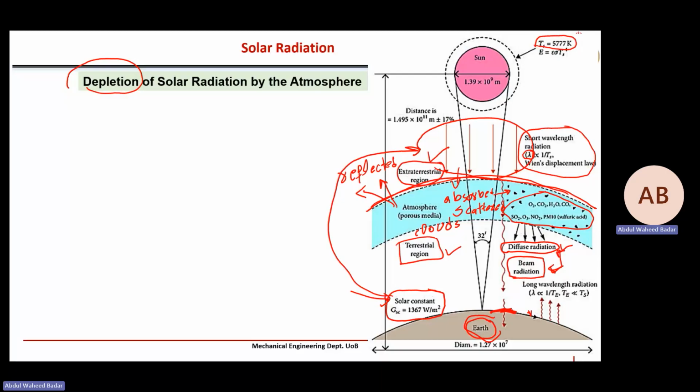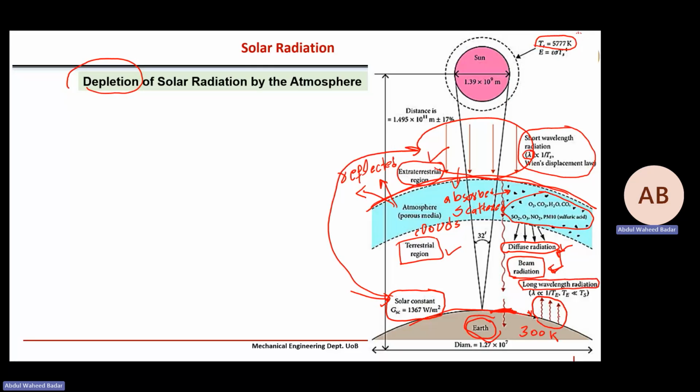So the radiation which is finally absorbed by the surface of the earth, then earth will also start to emit radiation. But the earth's average temperature is around 300 Kelvin. That's why the radiation emitted by the earth is long wavelength radiation, because the temperature is low.